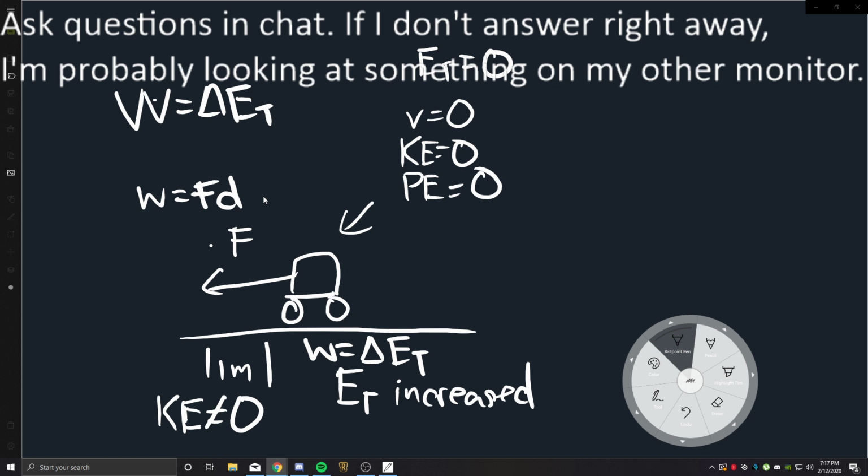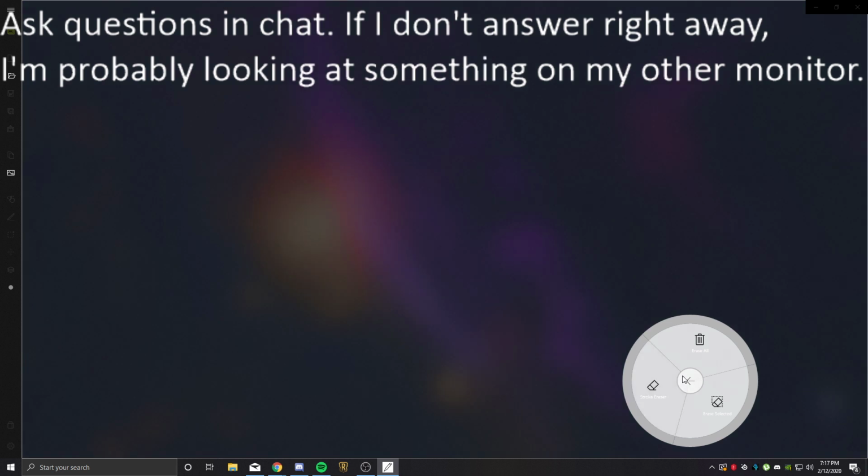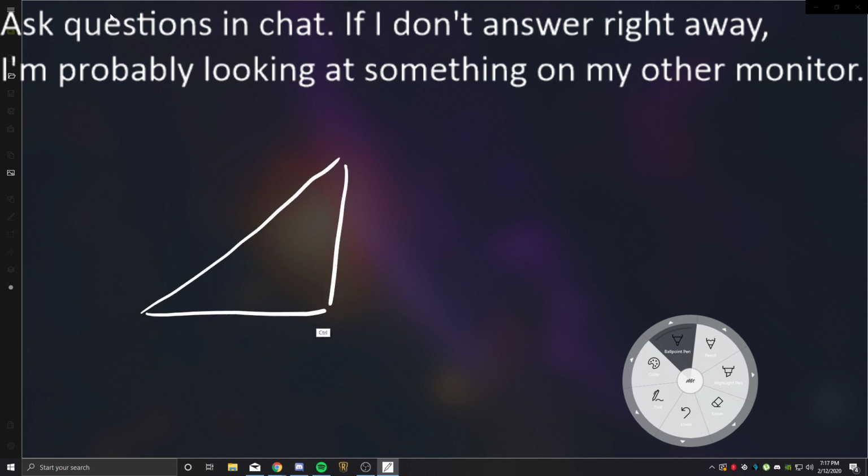So let's go over Bestie's question. Let's take this incline, for example, and let's say you're riding a bicycle. Actually, I'm just gonna make it a cart, because I can't draw a bicycle. Let's say you're increasing your height.